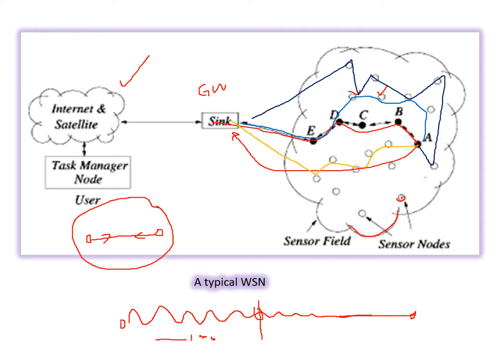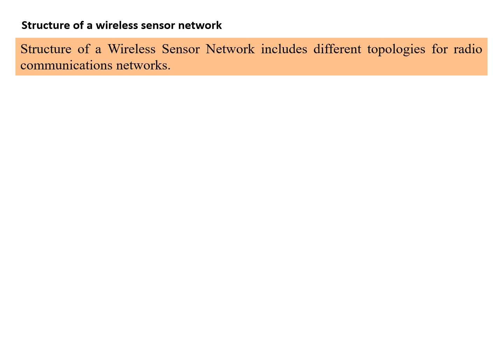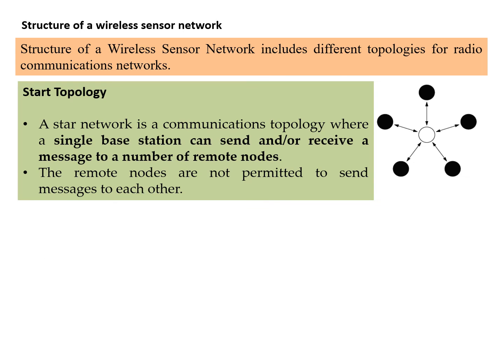So when we have multiple points, to connect those nodes with each other on the basis of the layout of node connectivity, we have some topologies. The one is called star topology, and those are the topologies I know you have learned in your college.